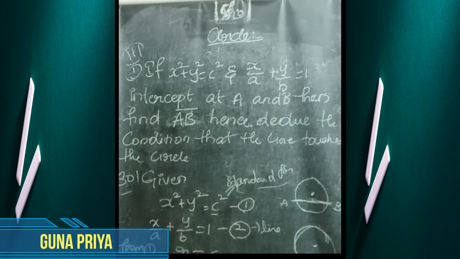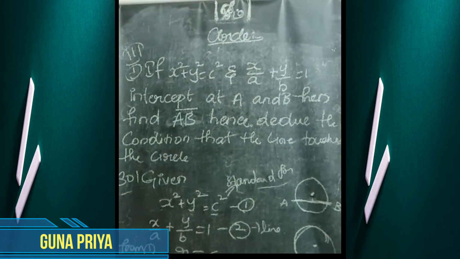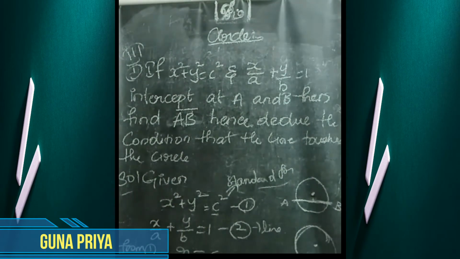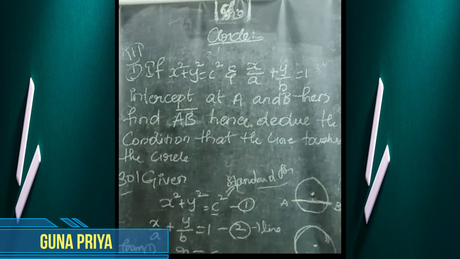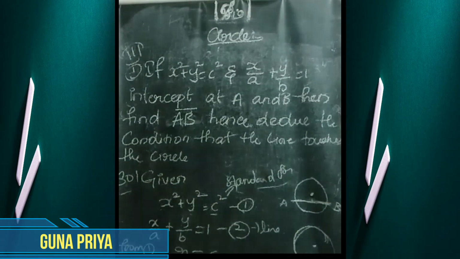So r square equals c square, the square gets cancelled and r equals c. Then the center is (0, 0), because there is no g and f. Don't confuse between this a and this c. This is the variable. This is the center. From the first equation we have found this.